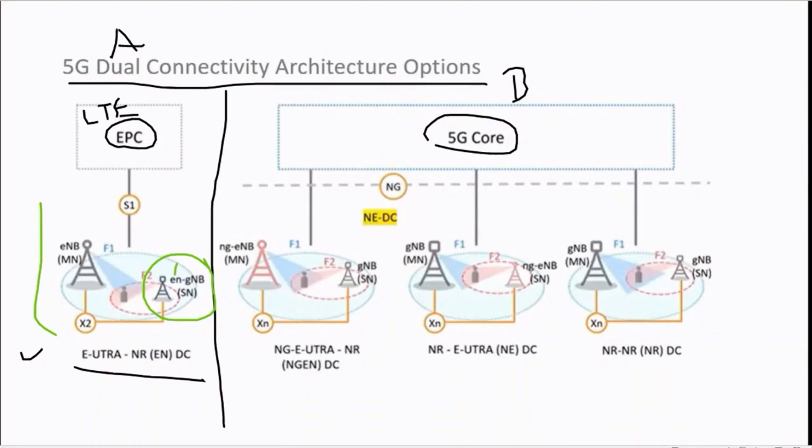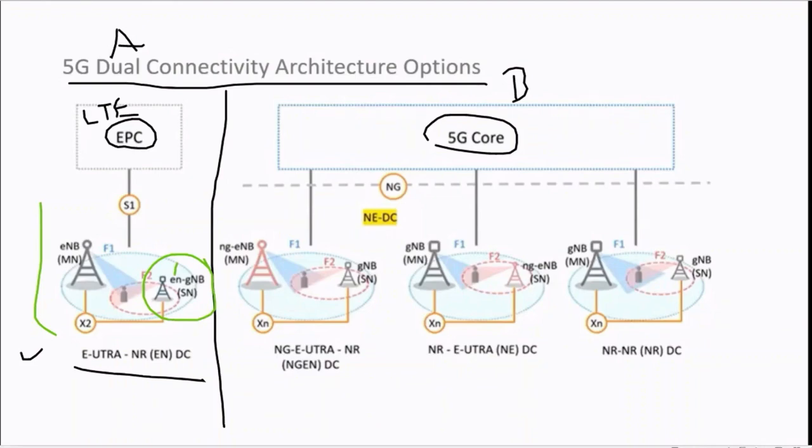You must have heard of the term gNodeB a lot, but why do we add this term EN with this gNodeB? Because normally the gNodeB is connected to the 5G core. So if the gNodeB wants to work with the LTE core, it has to understand the 4G protocols as well, right? That's why it is called EN-gNodeB, not only gNodeB.